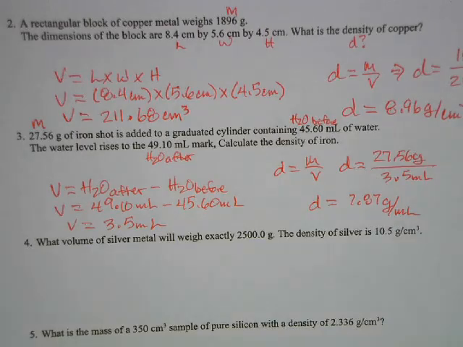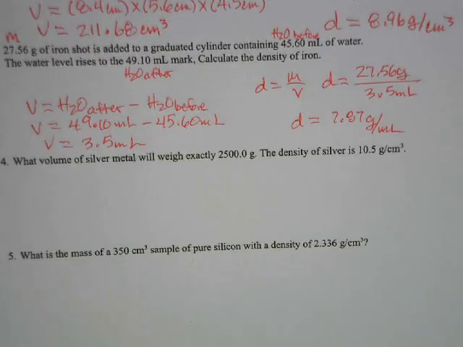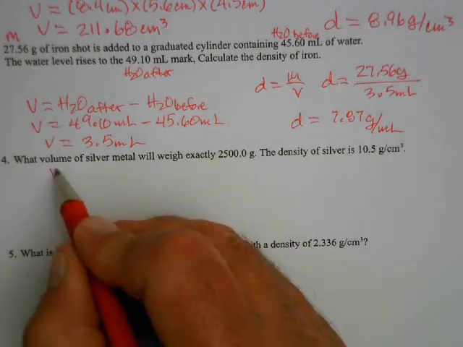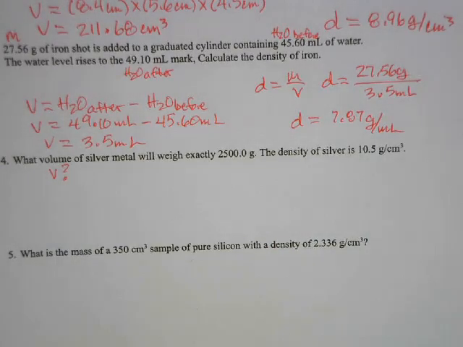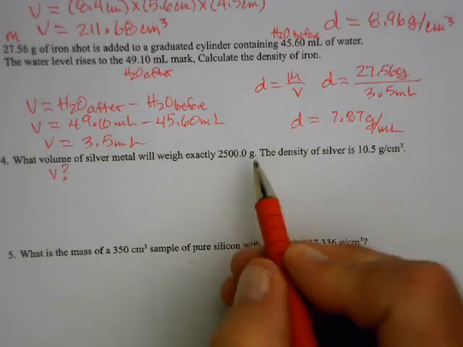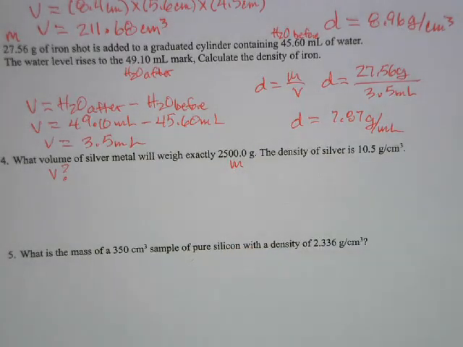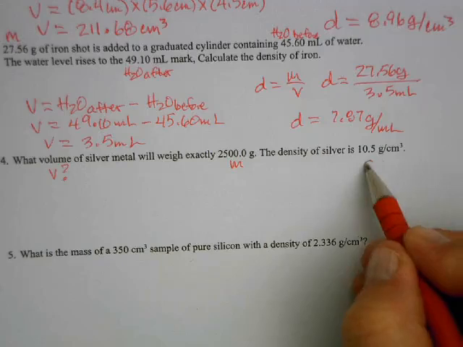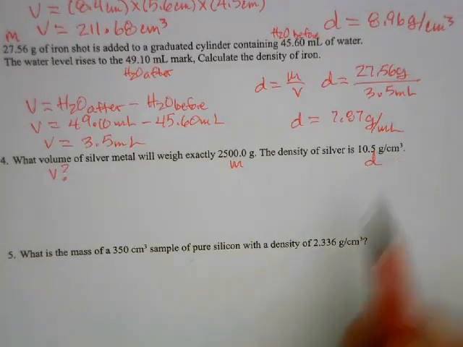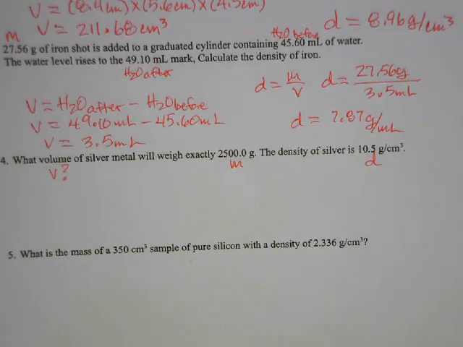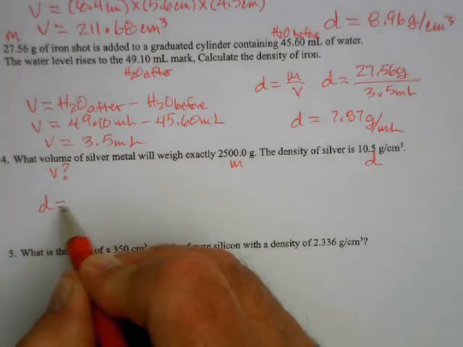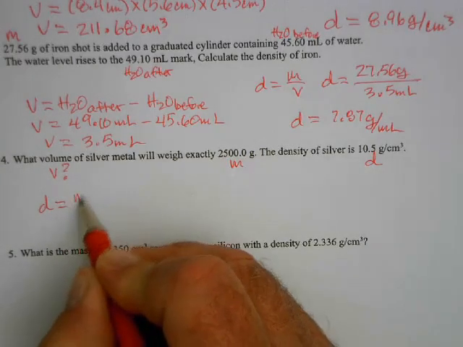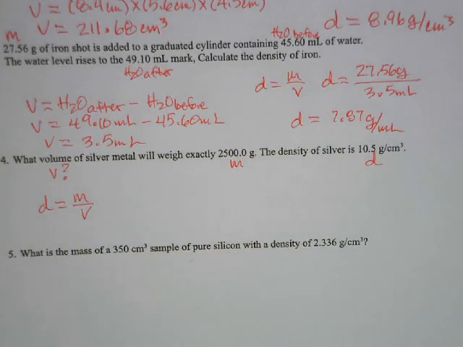All right, number 4, it says what volume? So this time I want to find out the volume. There's my grams, so that's a mass. And here's my density, grams per cubic centimeter. So if I start with the density equation, in other words, you don't necessarily have to have everything memorized.